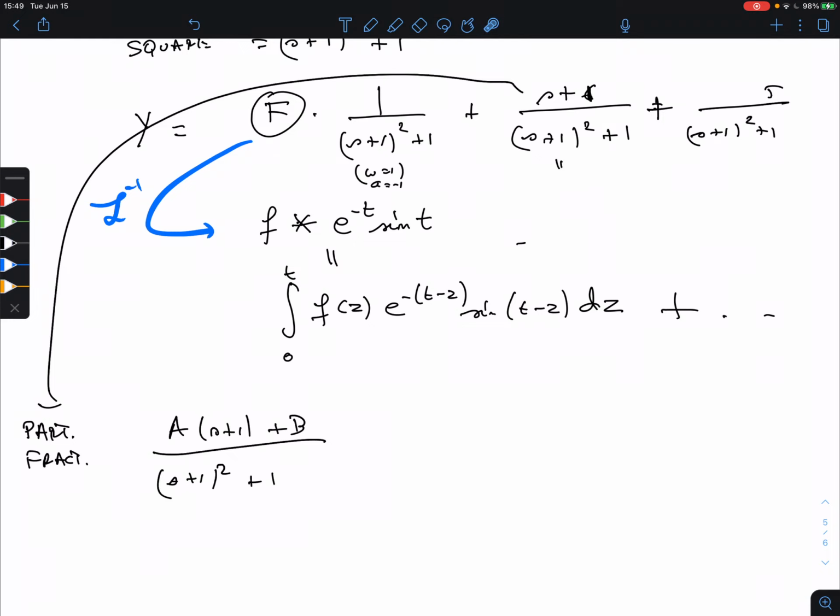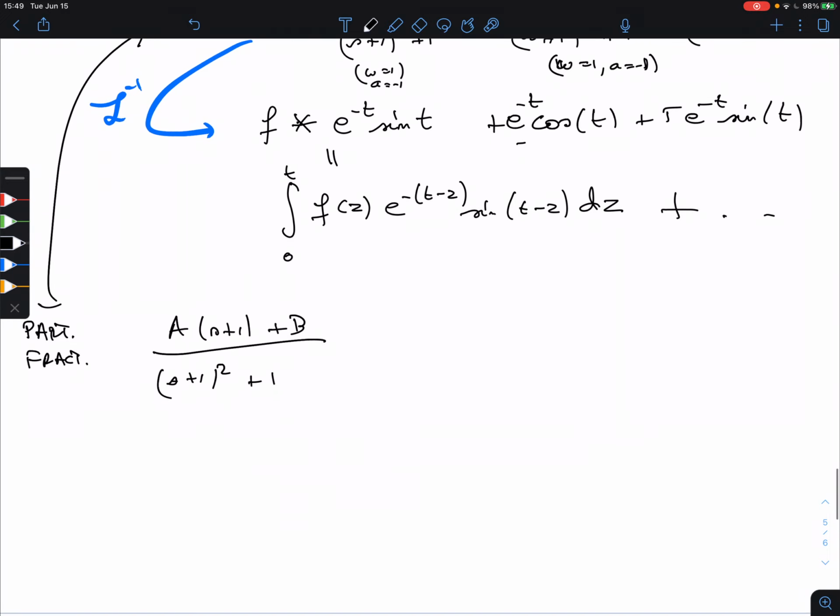The inverse Laplace of this we know right here. Omega is 1 and a is negative 1 in both cases. It's the same. So this would be cosine: e to the minus t cosine t, and plus 5 times e to the minus t sine t.